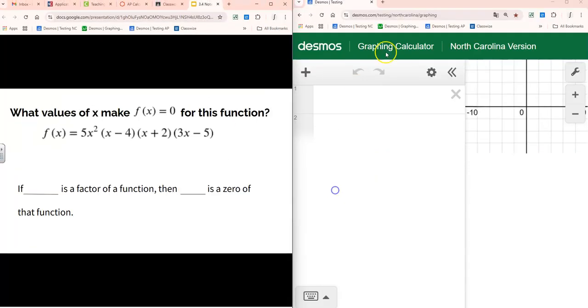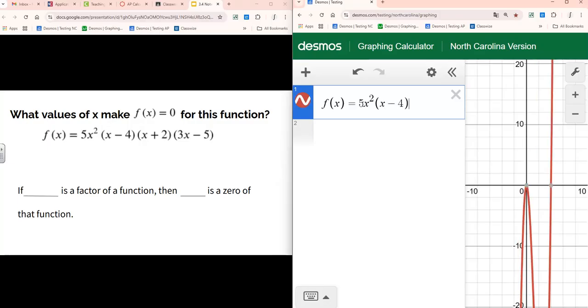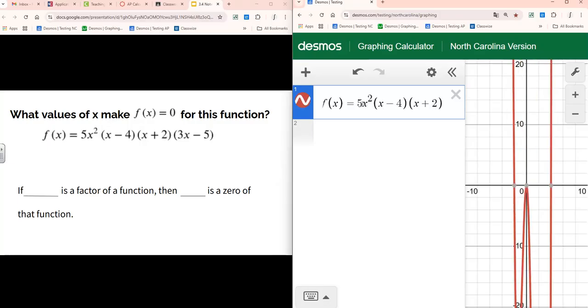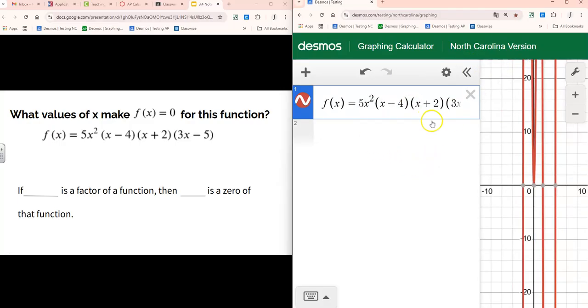Here's the option for you. Type the function in.